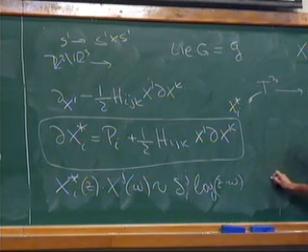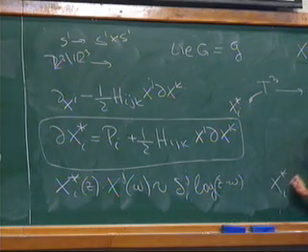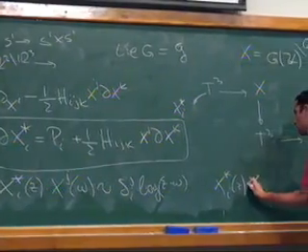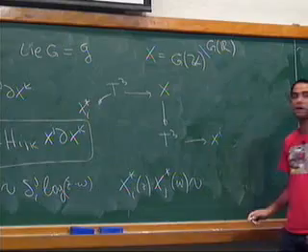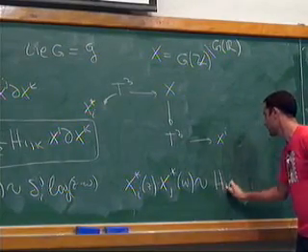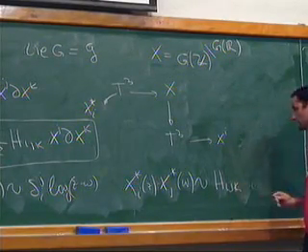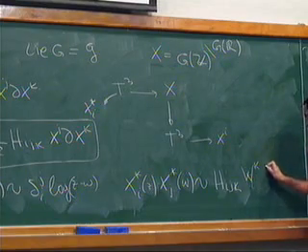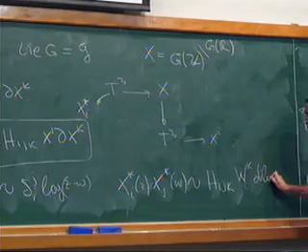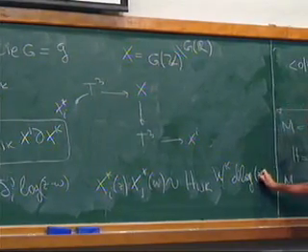But now we have x star i of z with x star j of w, and here we find something of this form: H_ijk winding_k, dilogarithm of z minus w.